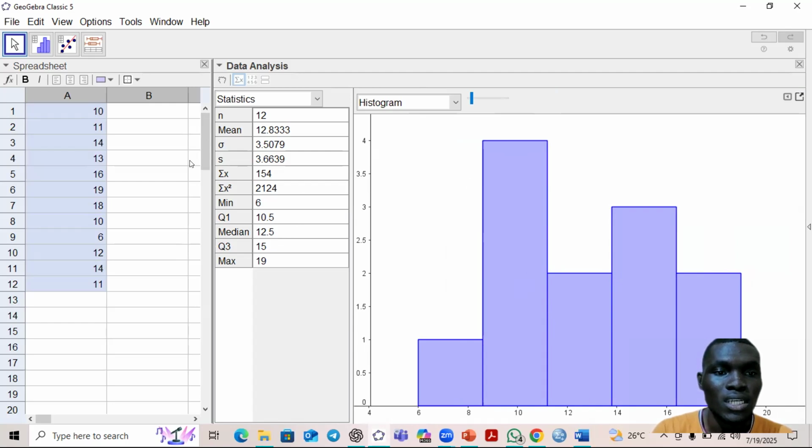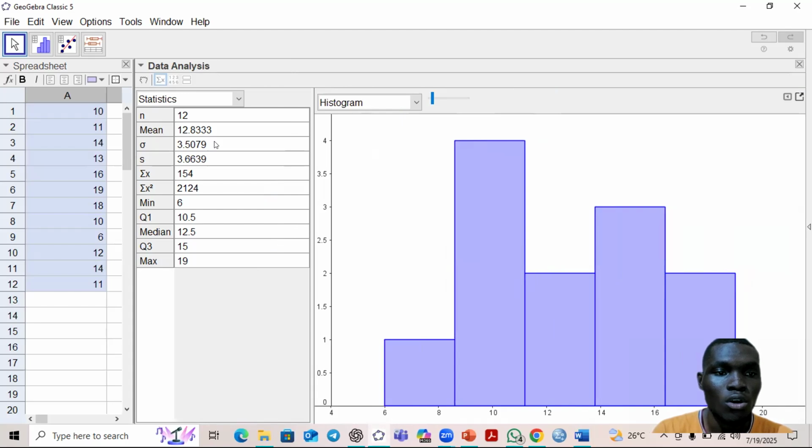You can easily determine the standard deviation and the mean of the data set, and as shown here, we have 12 elements.